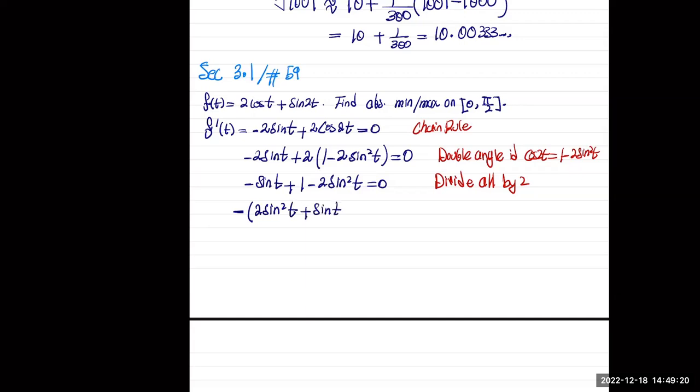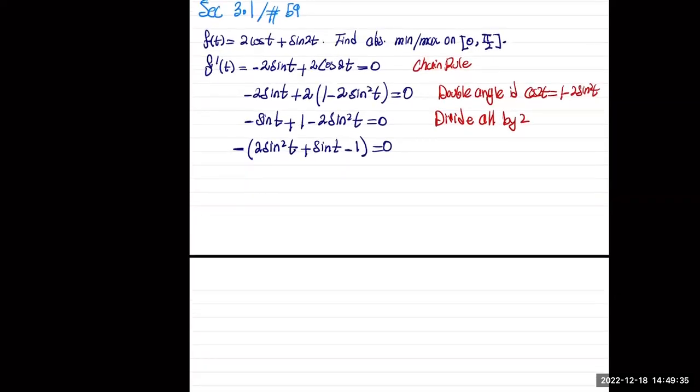And write it in a descending order. Please don't divide that negative out. Actually, you can if you want, you can ignore that negative. But I want to write it in descending order with a positive leading coefficient. Factor this quadratic out.